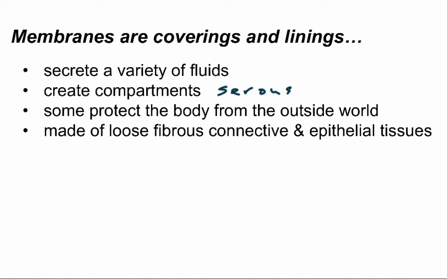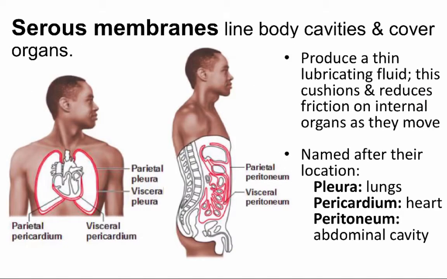Some protect the body from the outside world, and those would be mucous membranes and cutaneous membrane, like skin. And in general, they're made of loose fibrous connective tissue, sometimes dense fibrous connective tissue, with epithelial tissue on the top.